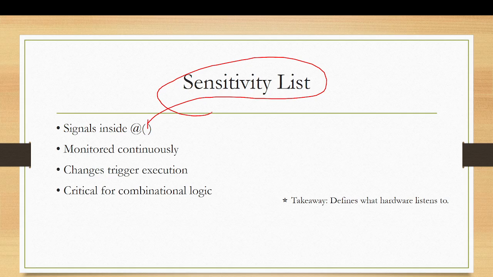Whenever one of them changes, the always block wakes up. This concept is especially important in combinational logic because combinational circuits must respond immediately to input changes. So the sensitivity list tells hardware exactly what it should pay attention to. It defines what hardware listens to.